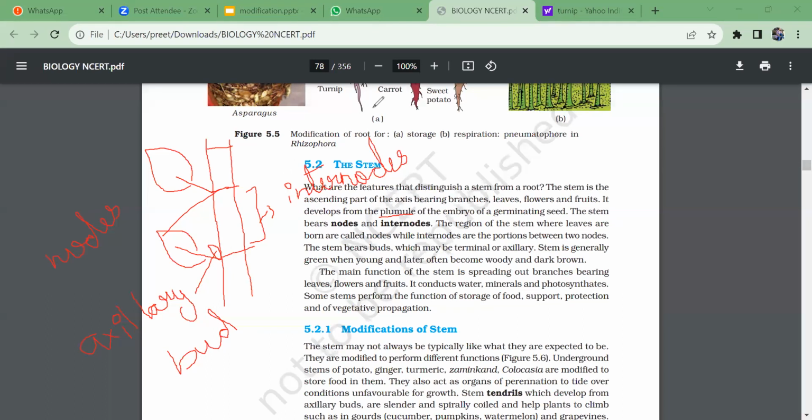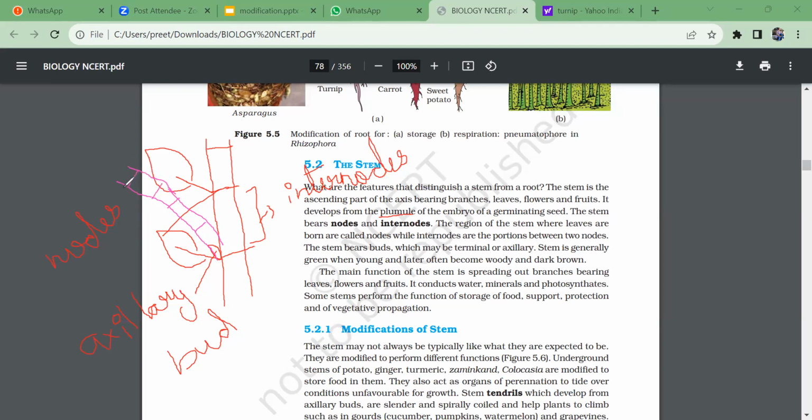Now, if a plant has to produce branches, it always arises from the axillary bud. This bud develops into the branch. Okay, and this branch also will have node and internode. देखो branch में भी है node and internode. क्योंकि branch is a part of stem, no? So even that has node and internode.